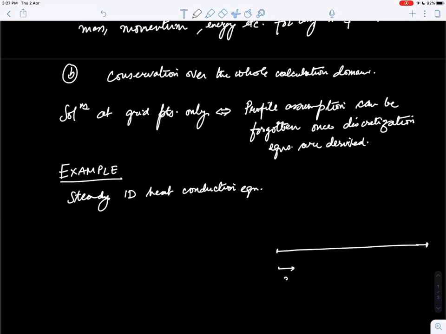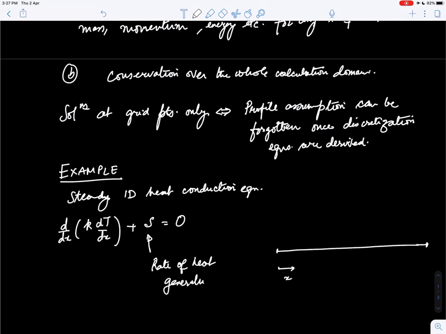Let's say we have x, with some boundary conditions, and we want to solve for the temperature in this system. The governing equation is d by dx of k dT dx, plus some source term S, equals 0. S is essentially the rate of heat generation, and can have units of watt per meter cube.